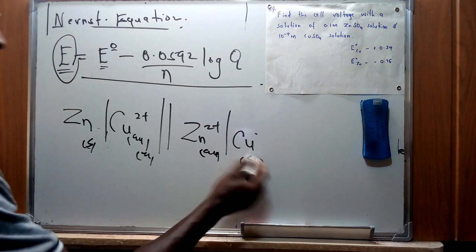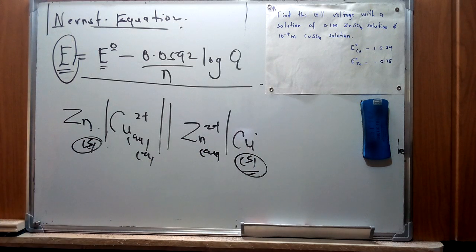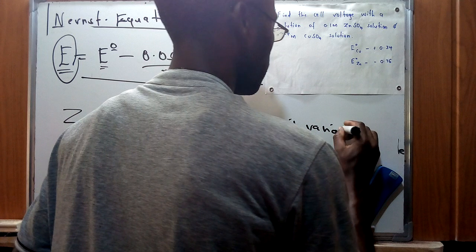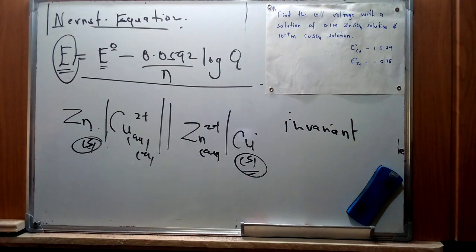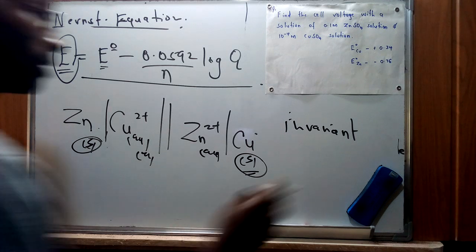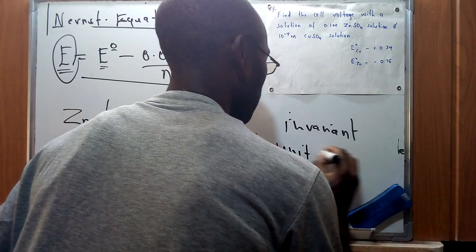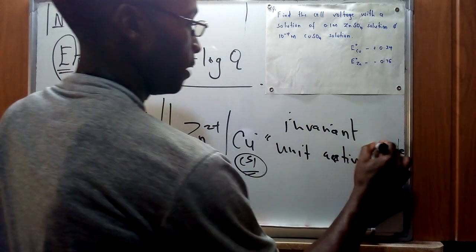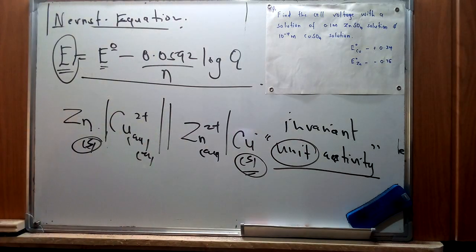So in the cases whereby we are trying to use that one, insofar as the concentration is concerned, for solids like the copper and the zinc that I've illustrated, their concentration is invariant, which means they're going to be given a specific constant, and they are said to be at unit activity. Whenever we talk about the concept of unit, it refers to 1.